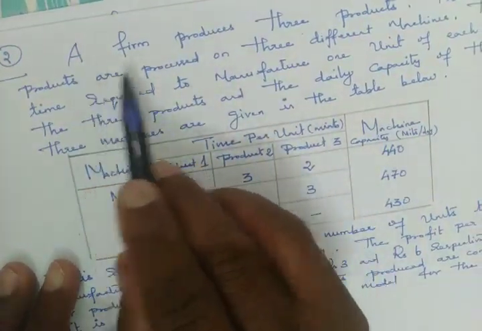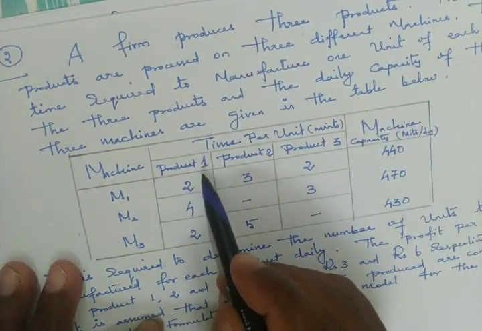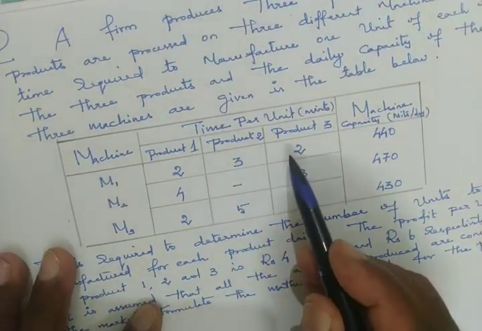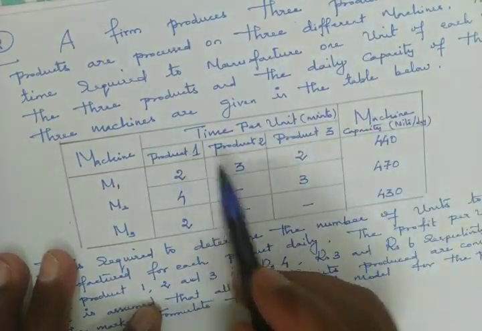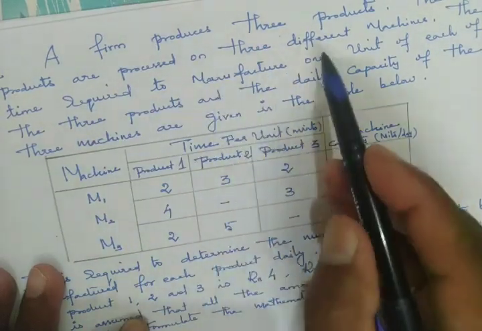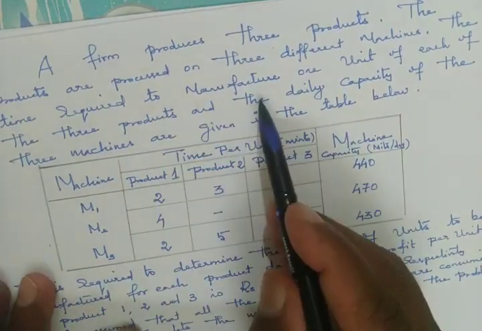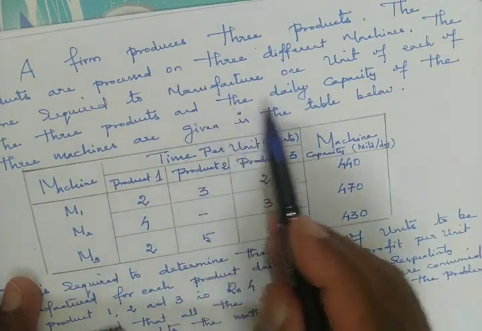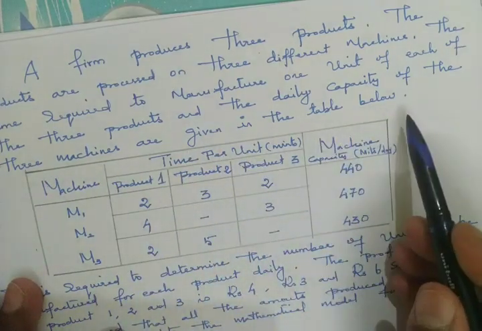Here the firm produces three products. If the table is given directly like this, it is very easy to form an LPP model. Here the firm produces three products, product 1, product 2, product 3, and the products are processed on three different machines. The time required to manufacture 1 unit of each of the three products and the daily capacity of the three machines are given in the table below.